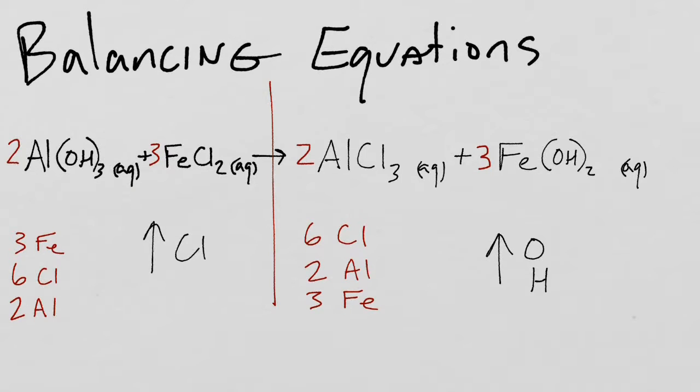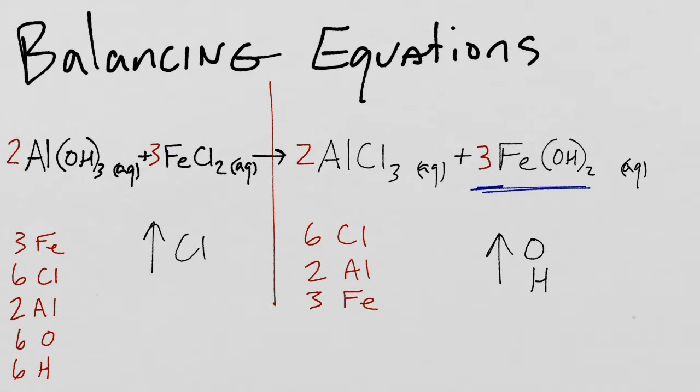Now let's count up the oxygens. 2 times 3, because every aluminum hydroxide comes with 3 oxygens, but now we have 2 of them. So we've got 6 oxygens and 6 hydrogens. And if we come back to our other side here, we've got 3 of these molecules, and every molecule comes with 2 hydroxides.